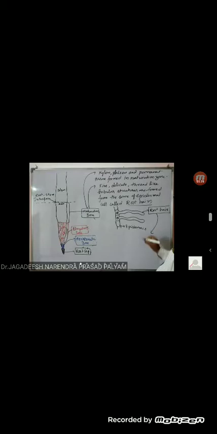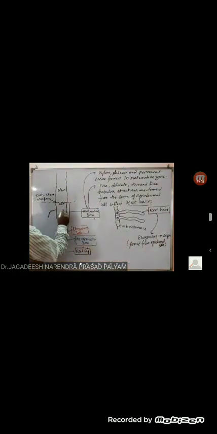Therefore, their origin is said to be exogenous in origin. Why? Formed from epidermal cells.